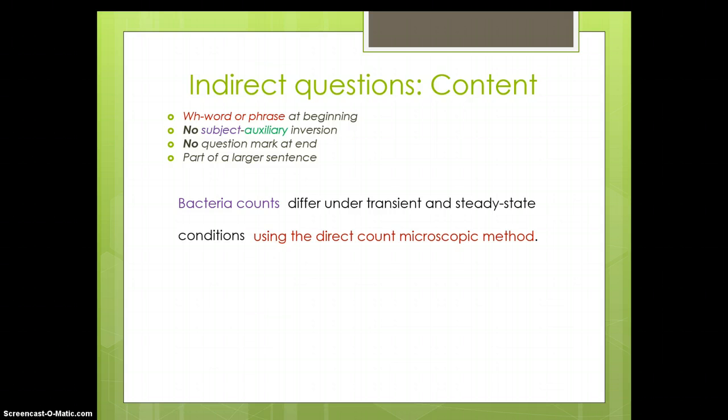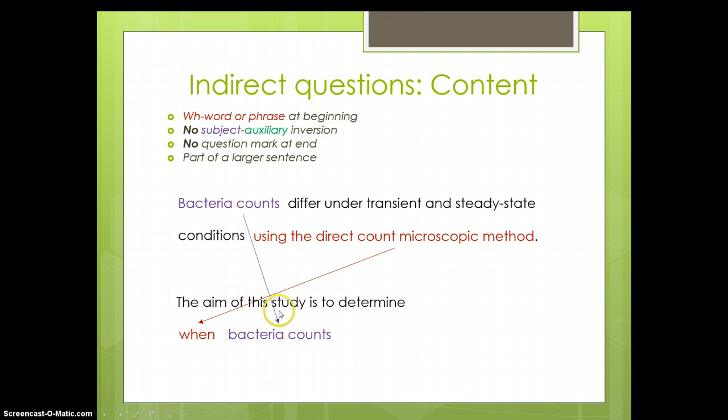Bacteria counts differ under transient and steady state conditions using the direct count microscopic method. All right, so larger sentence, the aim of this study is to determine. This is talking about the circumstances, when something happens, so we'll make that when. Subject comes right down.